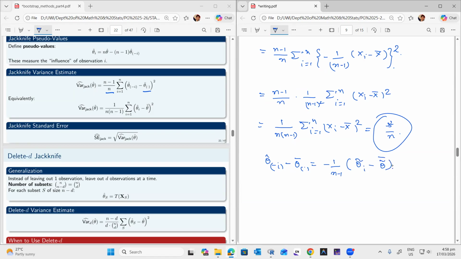All right, so that is your jackknife variance estimate. After that, you have the jackknife standard error. The standard error is simply the square root of the estimated variance, so it will be the square root of the variance of theta cap under the jackknife method.